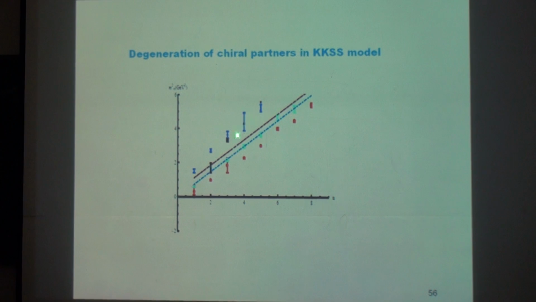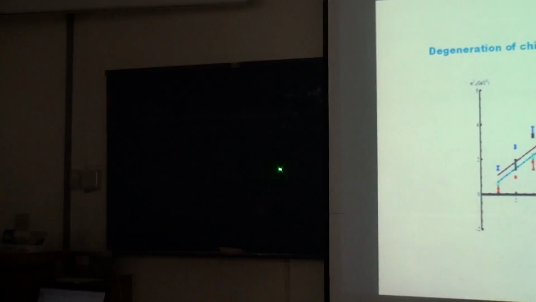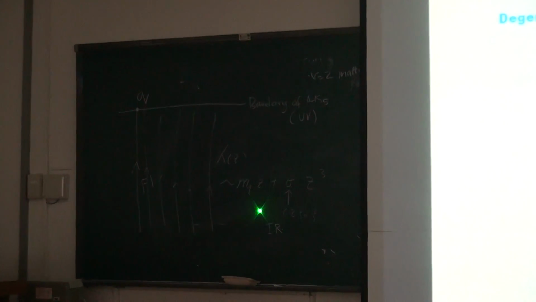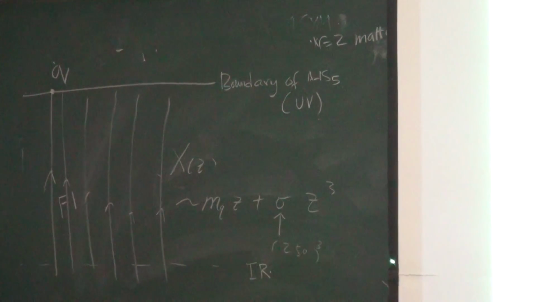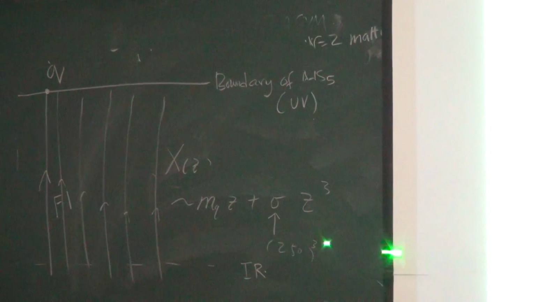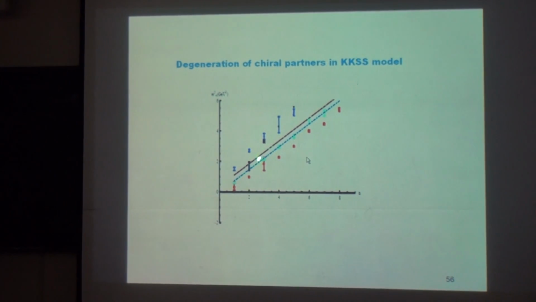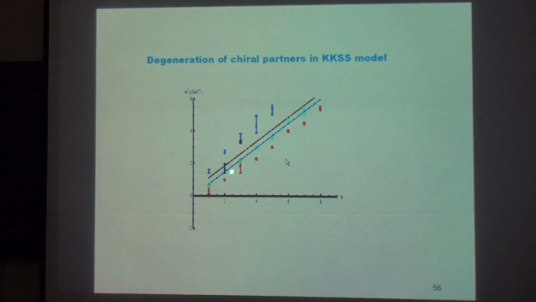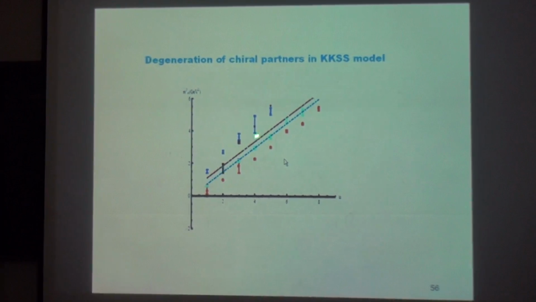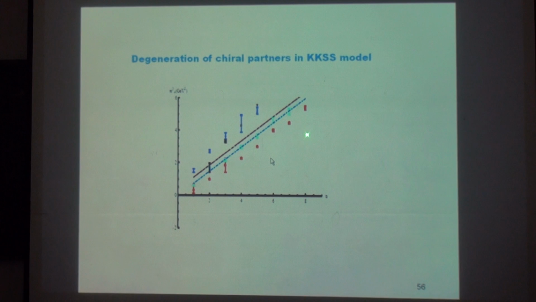For example, as I showed, if you choose the chiral condensate to be around this vacuum value, then basically you cannot get the splitting between the chiral partners. Basically, all the chiral partners are degenerate in the KKSS model.